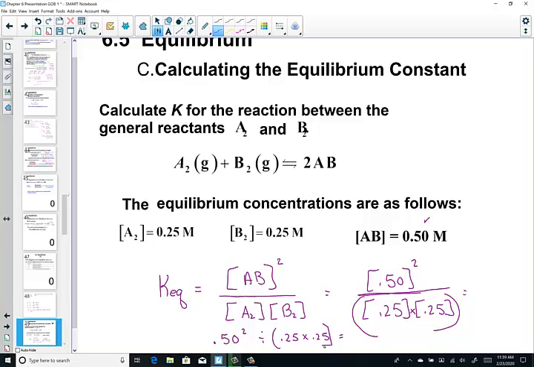Without the parenthesis, you'll have an order of operation error in your calculator. Make sure you practice that. You should be getting 4 on your calculator screen, and there's no unit there. If the equilibrium constant comes out to be 4, well, K is bigger than 1, so we know the equilibrium is lying to the right, favoring the product side.